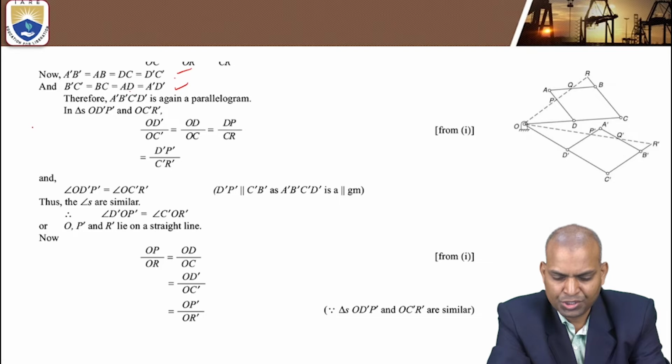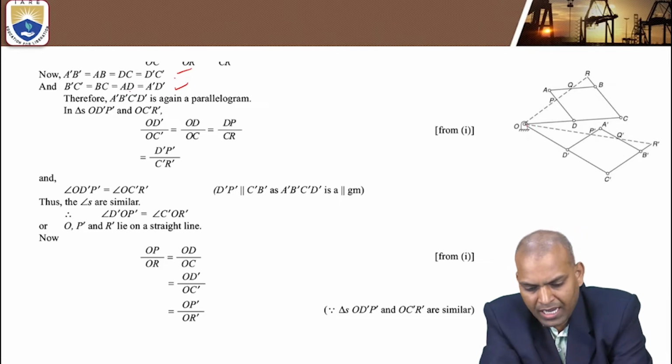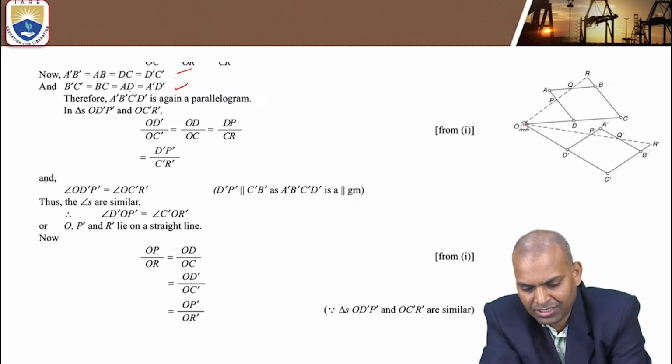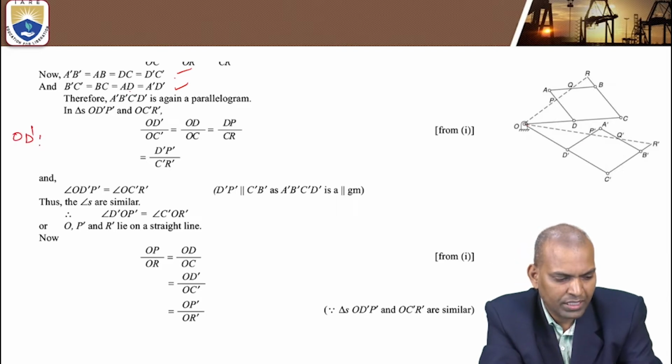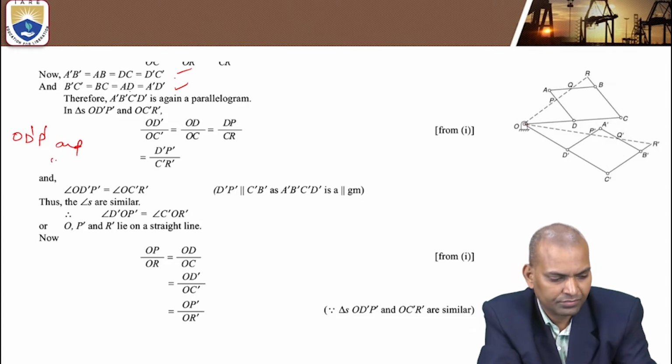Apply the same relationship. What is the relation? Again, new positions. Now which triangles are similar? The similar triangles we are considering are OD dash P dash and OC dash R dash.